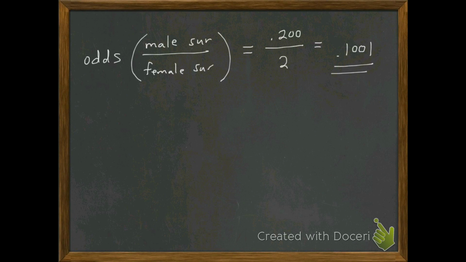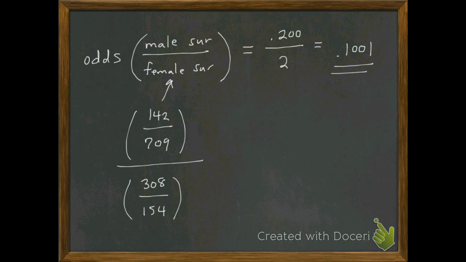Pretty sure that's right. So the male surviving would be 142 over 709, and the female surviving would be 308 out of 154. So ultimately, guys, that's what we have right there. And let me check quickly, I don't want any rounding error that comes back and haunts me later. So 0.1001. Okay, cool.